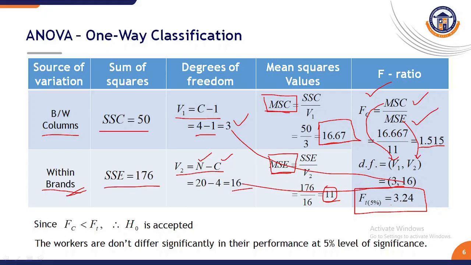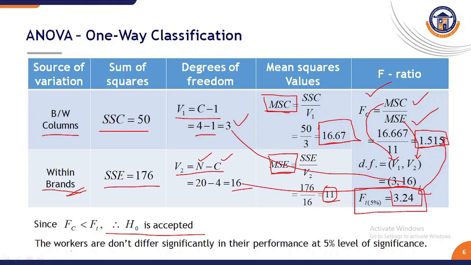Here the table value is 3.24. Now compare these two F values. The calculated value is less than the table value, that means 1.515 less than 3.24. So in this case our H0 is accepted.